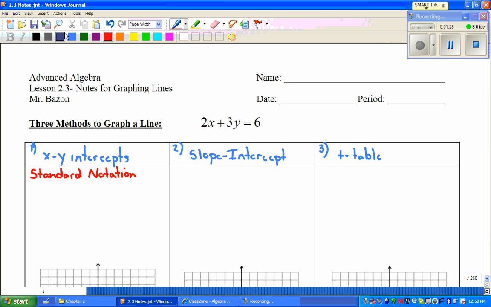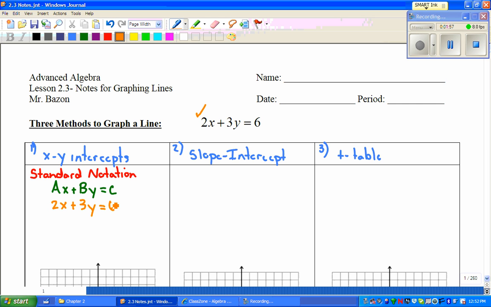It is ax plus by equals c. And you'll notice your x and your y are on the same side. So in this example that we have right here, all right, 2x plus 3y equals 6, this one is actually in standard form. 2x plus 3y is equal to 6.